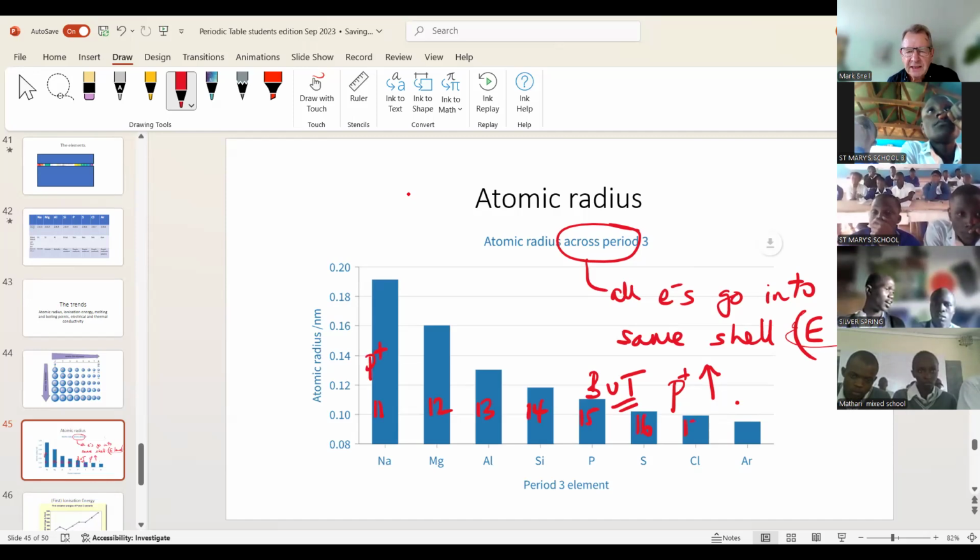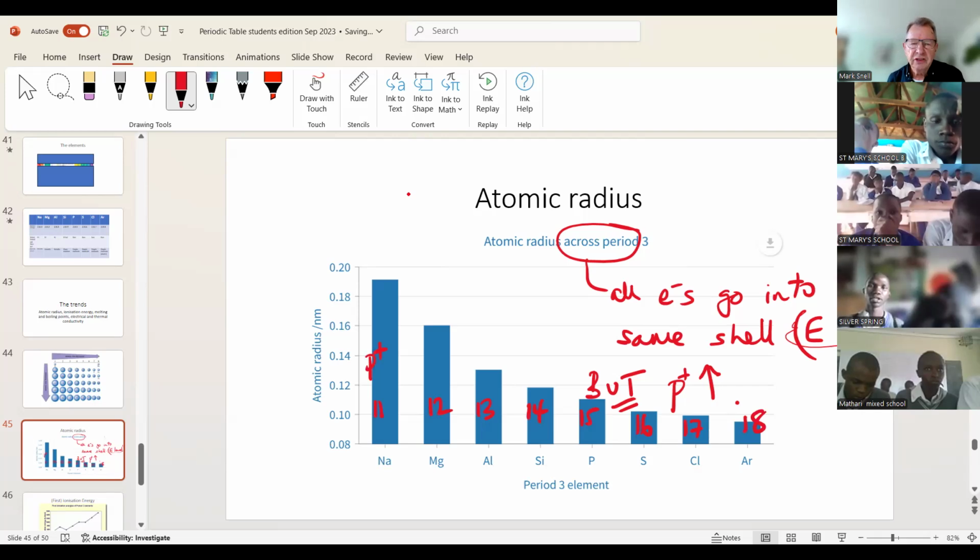Now that means that by the time we get to argon, argon has nearly twice as many protons as sodium. Well, that means that it has twice as many protons pulling the outermost electrons inwards.